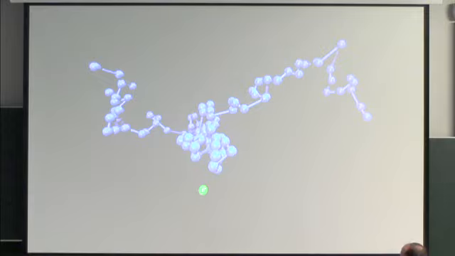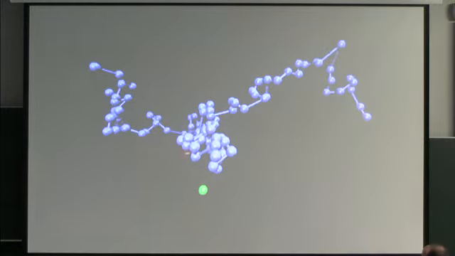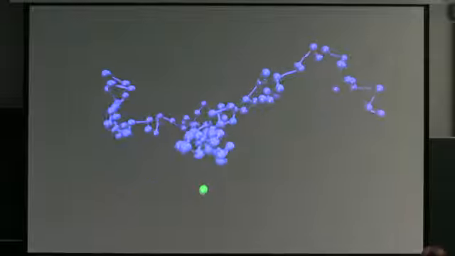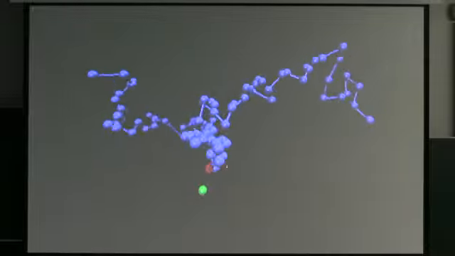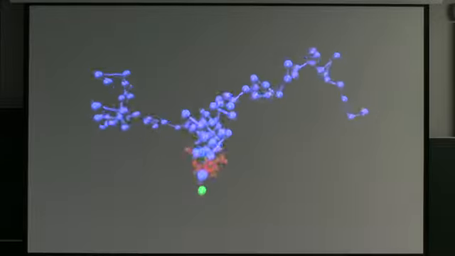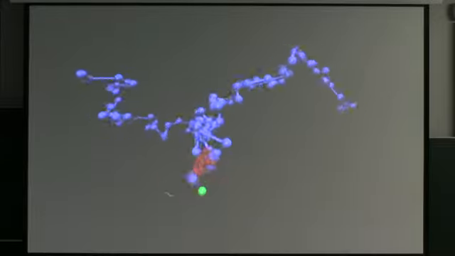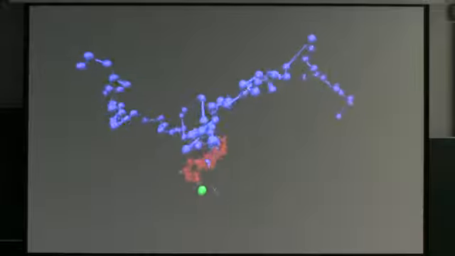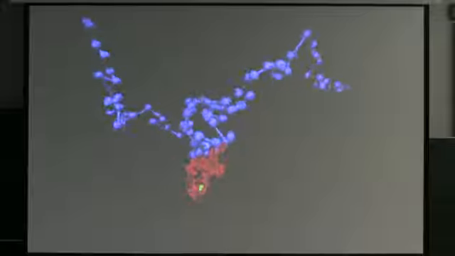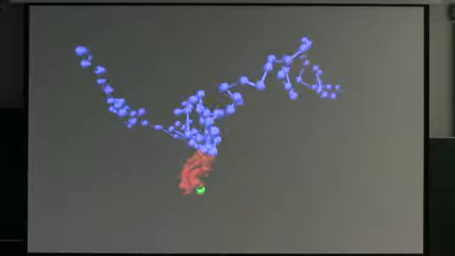What I'll show you, as it approaches, is that in this method we can take part of the chain and introduce many more beads and stiffer springs to resolve part of the region, the region around this transcription factor, with much more detailed resolution.